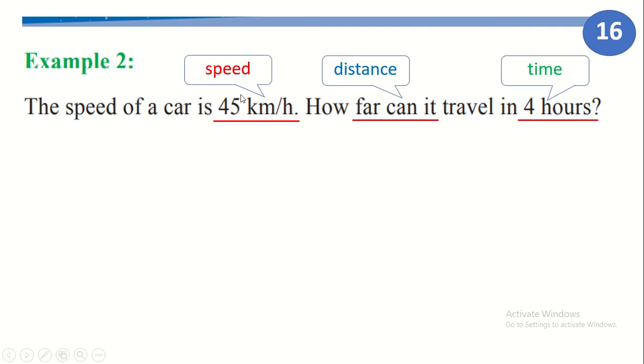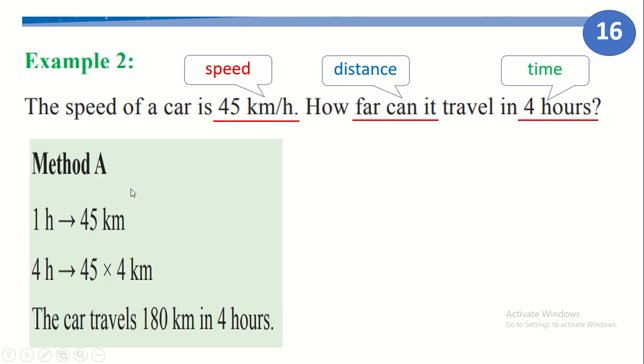Now you have the formula that distance is equal to speed times time. First, method A. In 1 hour, you have 45 kilometers, kilometer per hour.